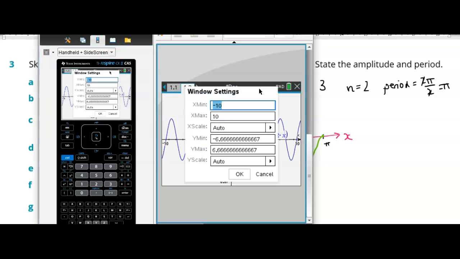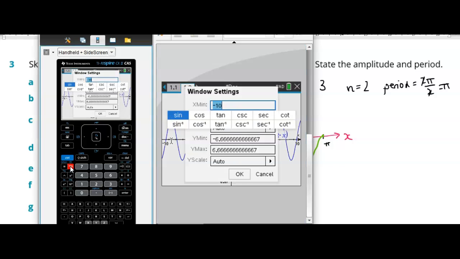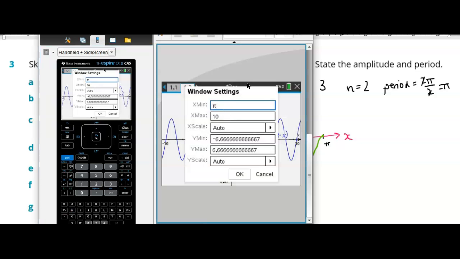So if we go to window settings, can I put pi in here? I don't think I can. I always thought I could. Whoops, didn't mean to do that. Sorry. Pi, yes. Okay, we just want 0, and then the maximum we'll have as pi.